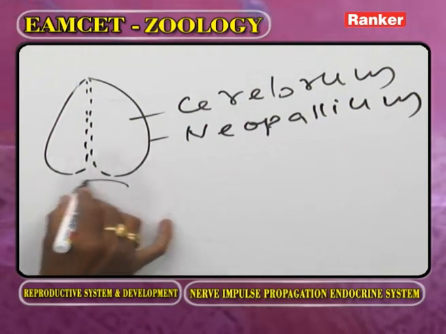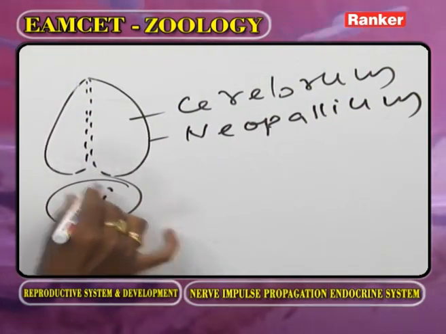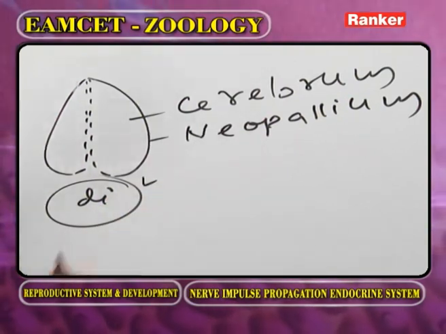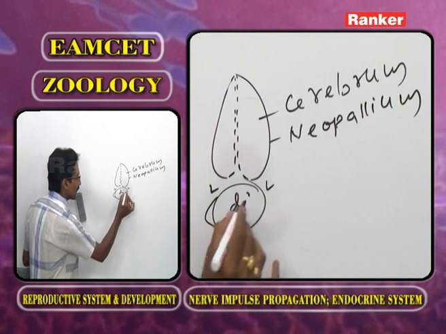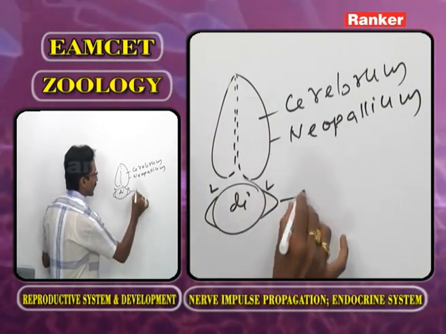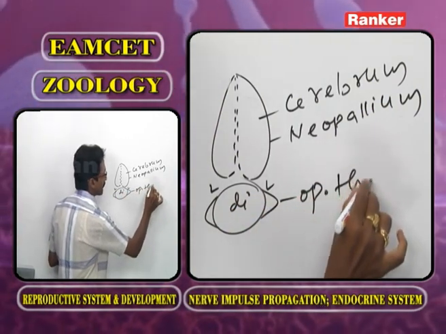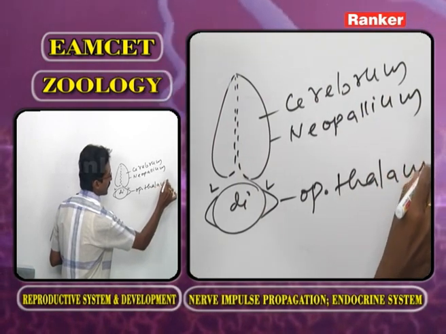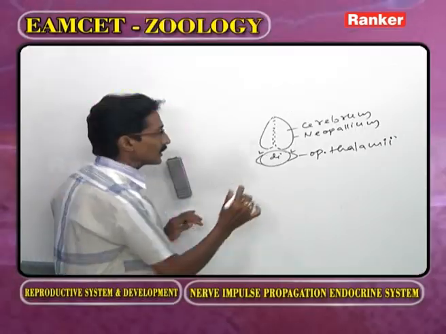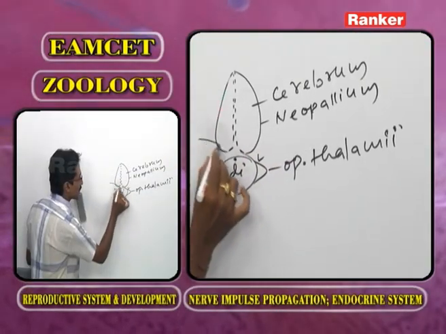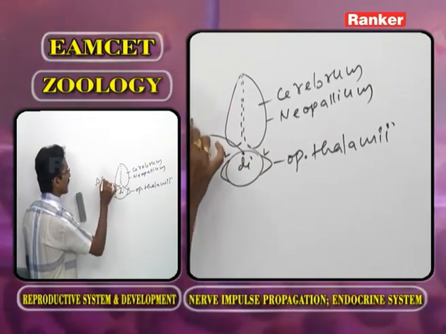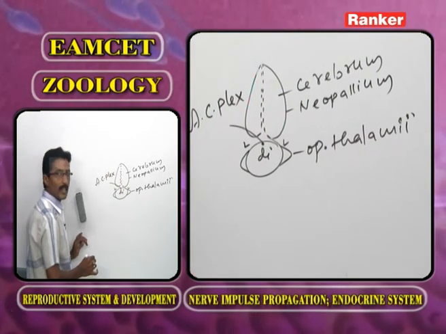Now this one we call the diencephalon. L means lateral sides. The lateral sides of diencephalon we call the optic thalami. The roof of diencephalon has a bunch of blood capillaries, the anterior choroid plexus.